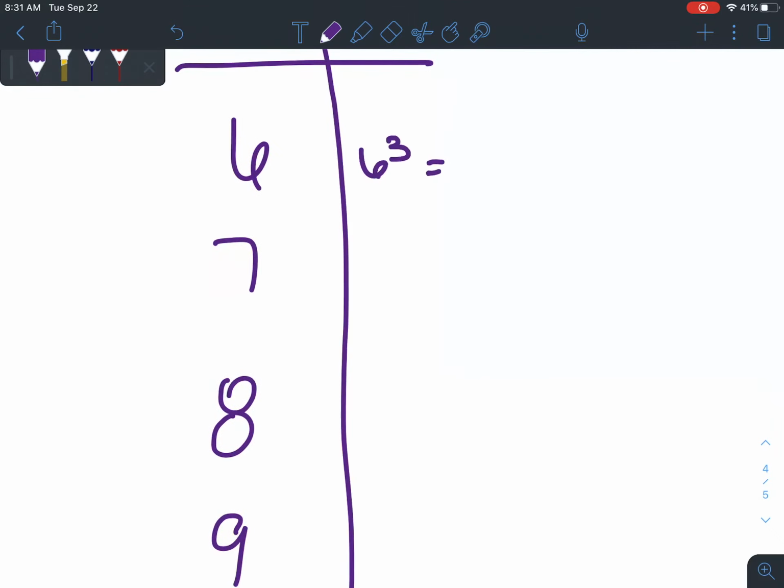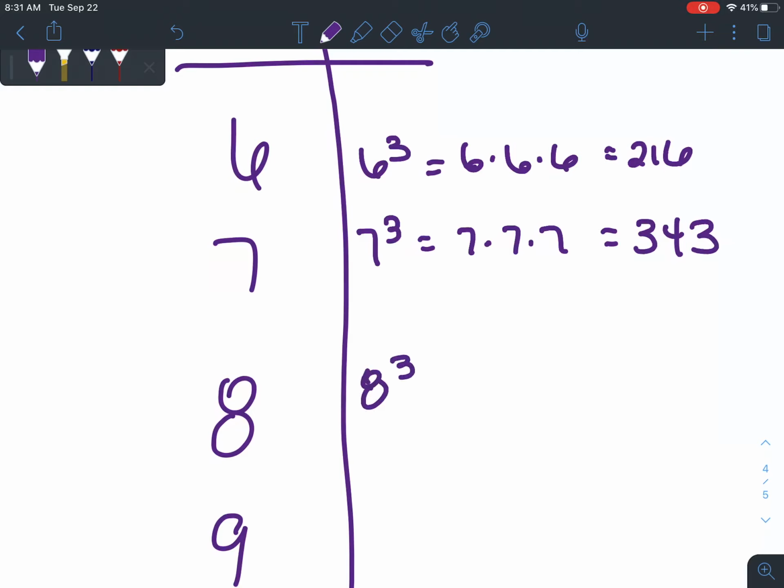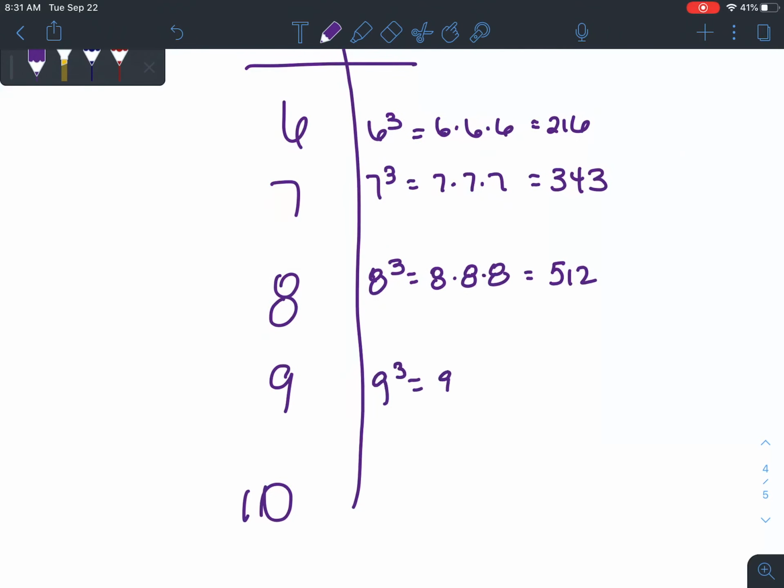6 cubed. Remember, you can always pause the video to slow down and make sure you're getting these notes. 6 cubed is 216. 7 cubed is 343. 8 cubed is 512. 9 cubed is 729.